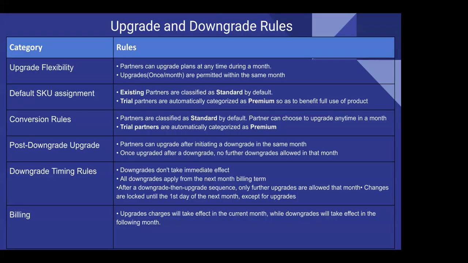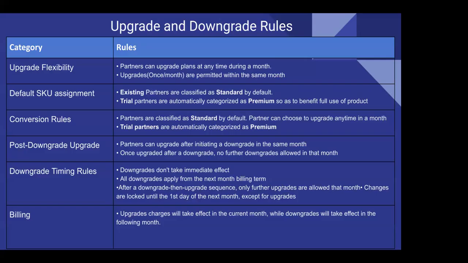Conversion rule, again, partners can upgrade anytime in a month, and similarly, they can downgrade anytime in the month. But the difference is only that the upgrade takes effect immediately and the downgrade takes effect on the first of the next month. In addition to the downgrade, once the partner has downgraded, he has the option to revert back to premium in case he finds out that he wants to continue with premium.